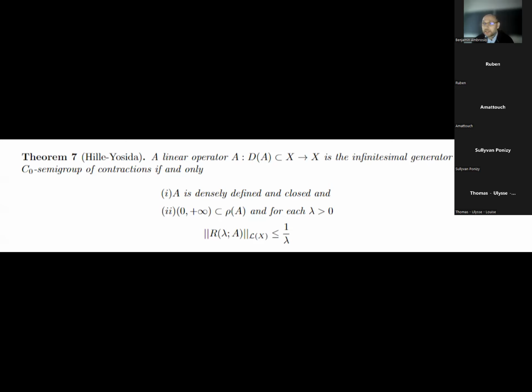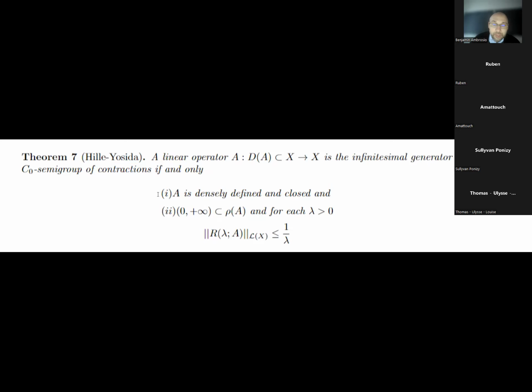It gives a necessary and sufficient condition for a linear operator A to be the infinitesimal generator of a C0 semigroup of contractions. So pay attention, it's a semigroup of contractions, okay? And so this is equivalent.